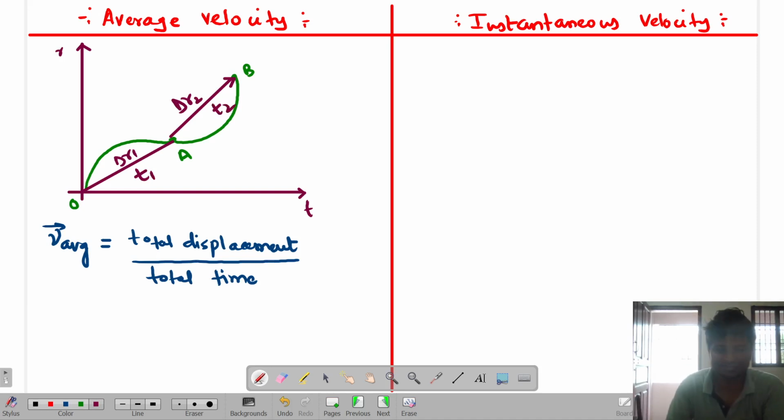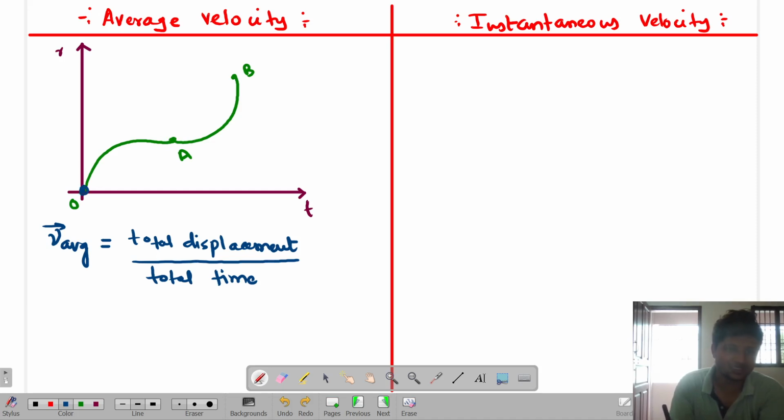Ujaswani makes the question this way, right? So what did she do? Since there was a discontinuity in both curves, she found the displacement of both and added them and wrote it divided by total time t1 and t2. But this is wrong. This is totally wrong, got it. Because displacement itself means that first take the initial point, then take the final point. It does not matter whether you are turning here and there or not. So look over here, let's suppose I turned over here also, no problem.